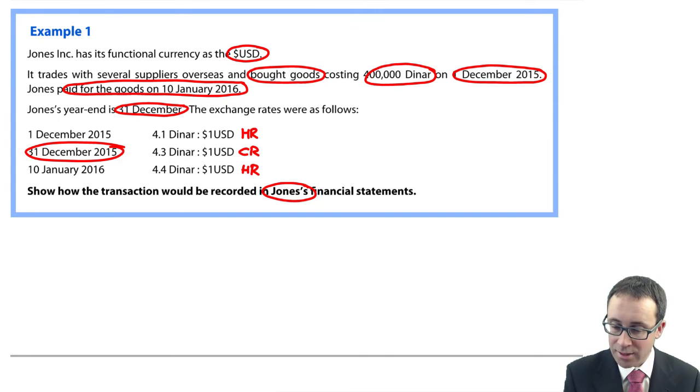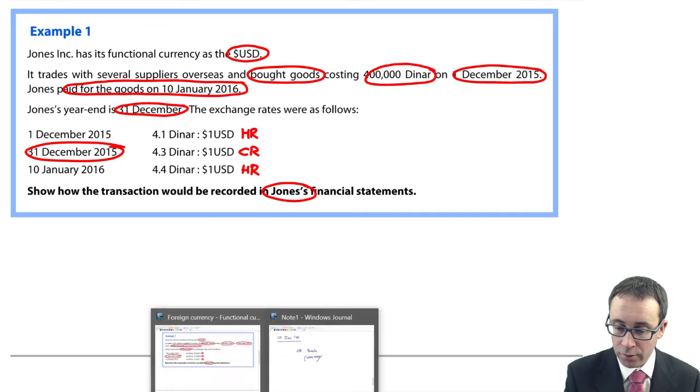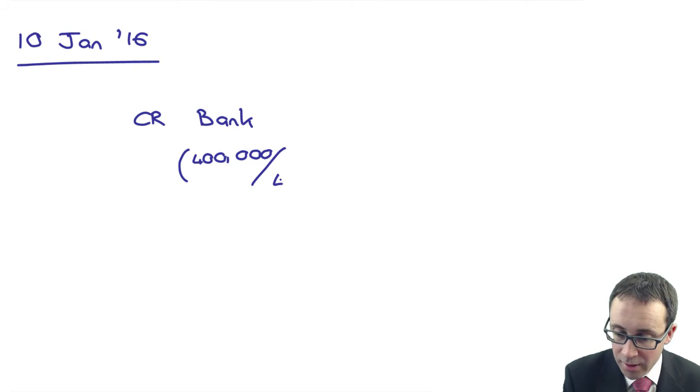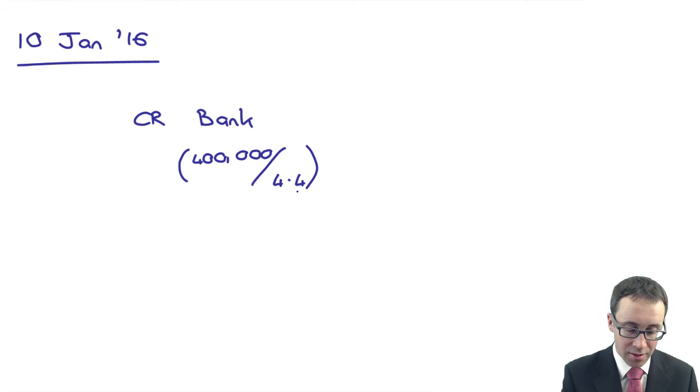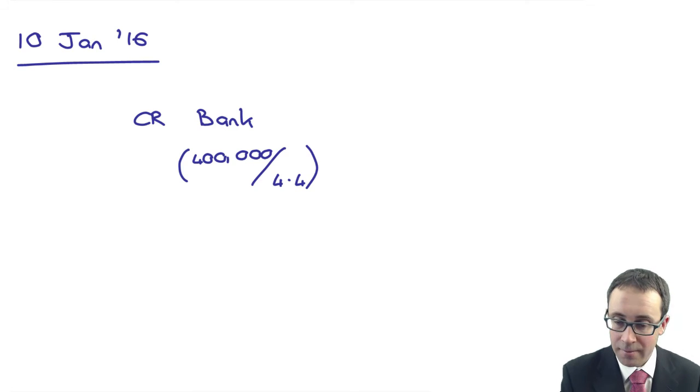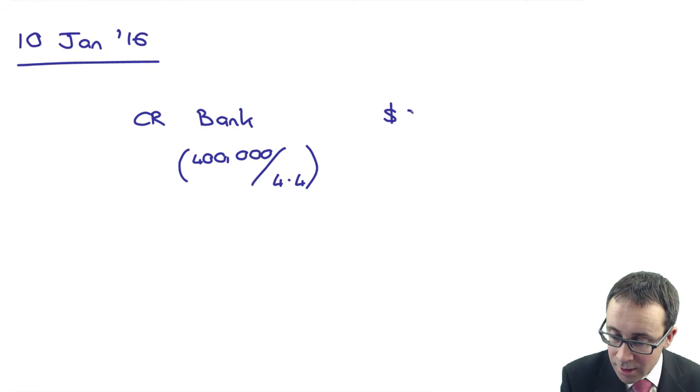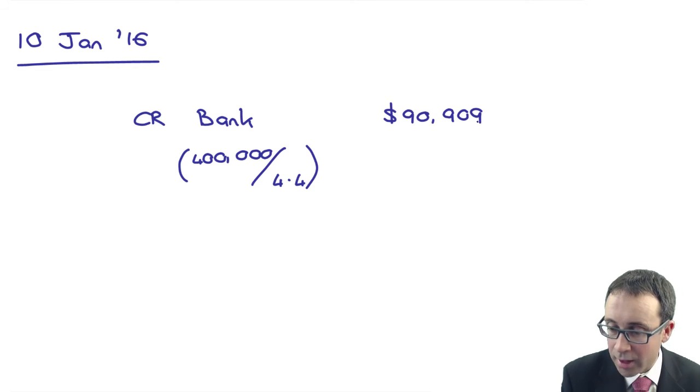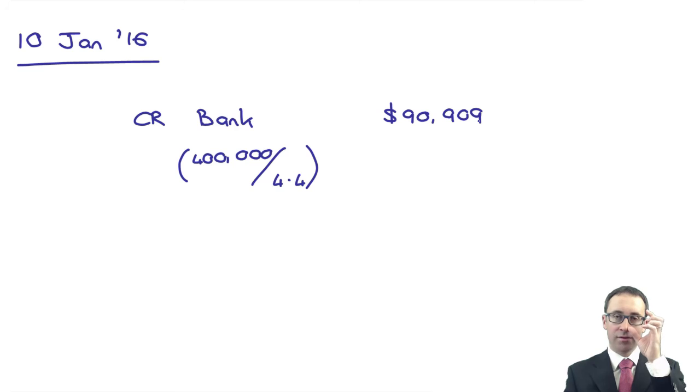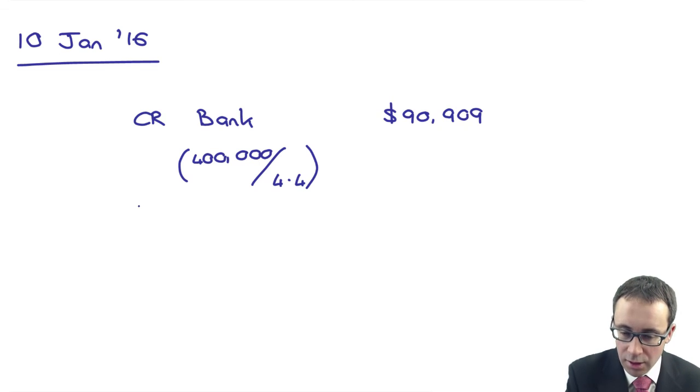And the rate in place is 4.4. So the amount of cash that we actually pay on that date is 90909. Okay, that's the physical amount of cash that we pay in dollars to settle that 400,000 dinar invoice.